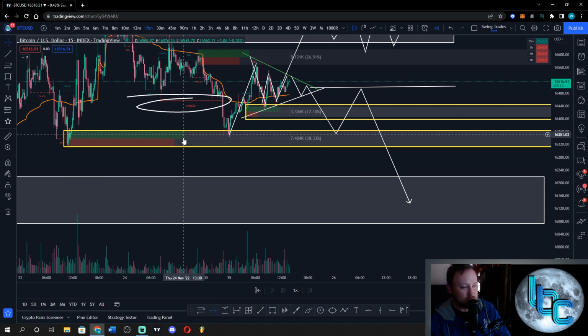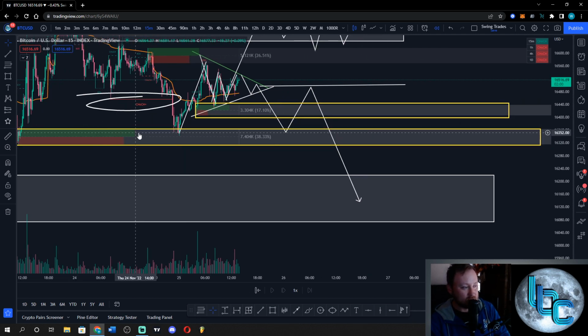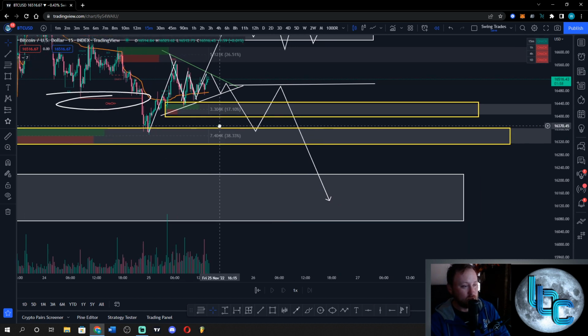So that means that this green bar came out longer than the red bar, which means there were more buy orders than there were sell orders, and price moved up from that zone. So I would consider that zone to be a strong buy zone and where I would expect a bounce out of.